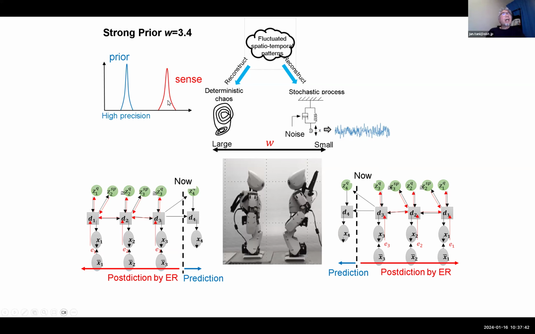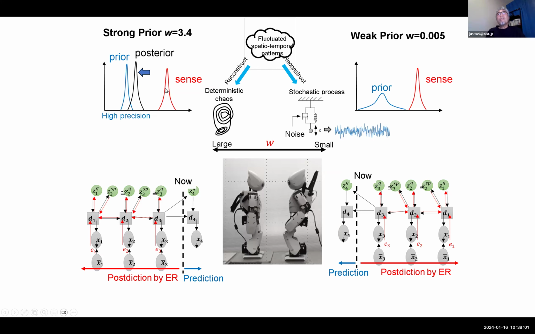That's why the posterior is attracted to the prior. Therefore, this robot with high W tends to generate unintended behavior, ignoring sensation.